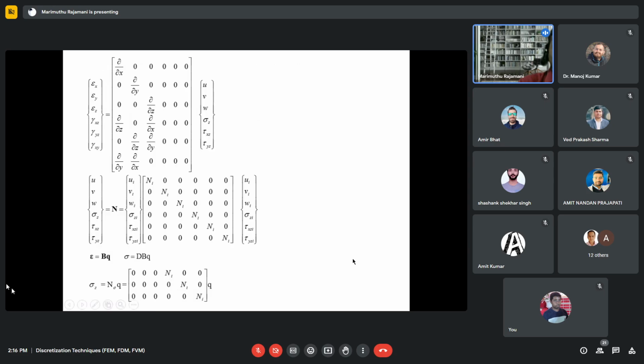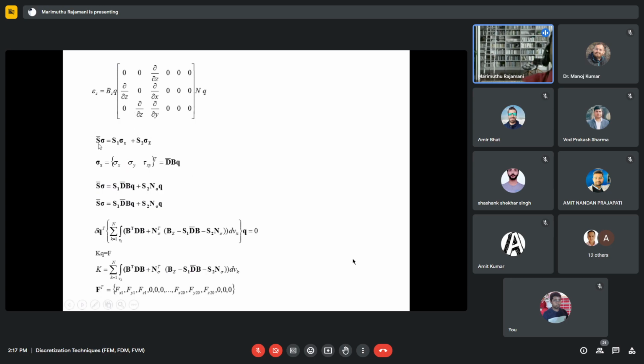Now sigma z equal to N sigma into q. q, I told you, contains sigma z, tau xz, and tau yz. And when I write sigma z, there should not be any displacement part. So this satisfies the requirement. And when you multiply, you will end up with sigma z equal to Ni sigma zi only, tau xz, tau yz. That way it has been arranged.